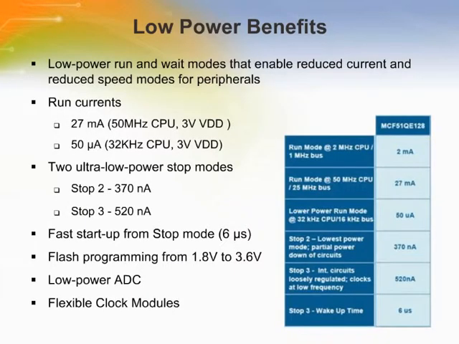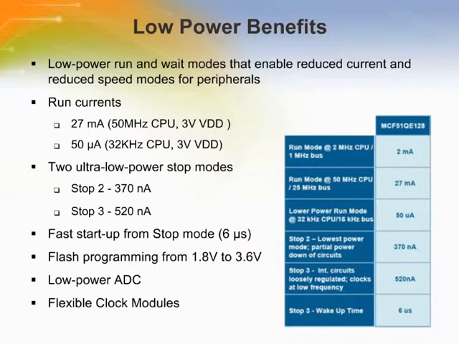Through an optimized architecture that provides lower operating voltage and current, these Flexis devices offer industry-leading ultra-low power benefits to minimize operating costs and extend battery life. The data table presents the current draw in a number of operating modes, including run mode with CPU operation at 2 MHz and full speed 50 MHz, and low power run mode with CPU operation at 32 kHz.